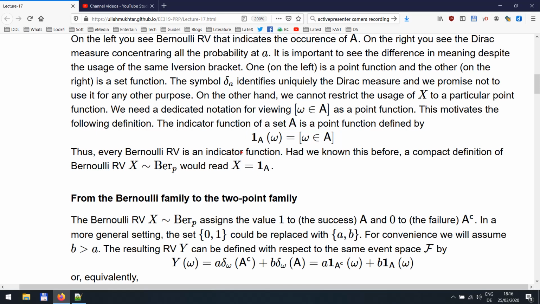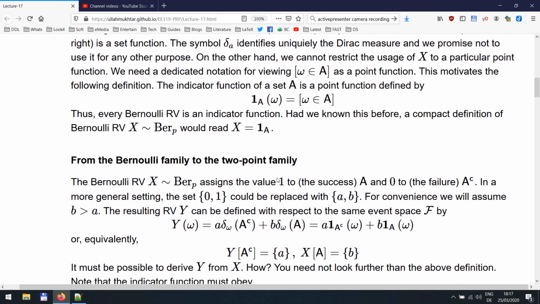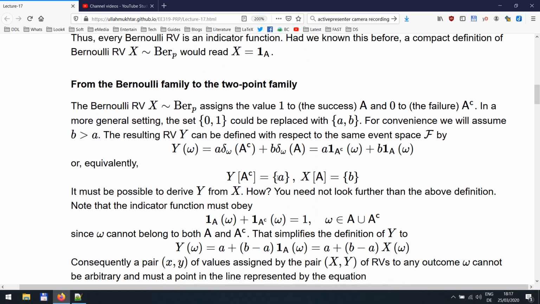So imagine we had known this indicator function before we were defining the Bernoulli random variable. Our definition would have been very simple, simply that X is 1A. So that was just a short note about the need for a point function.